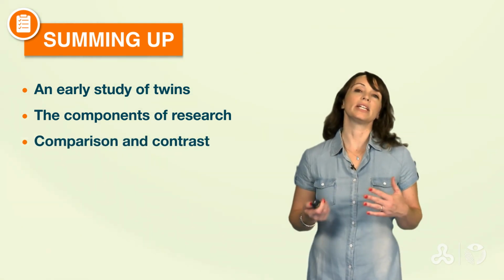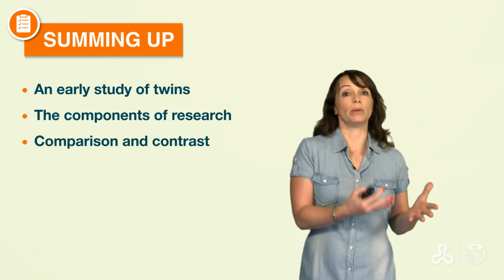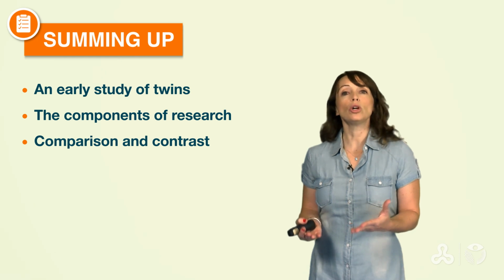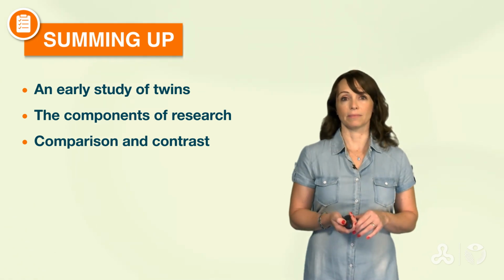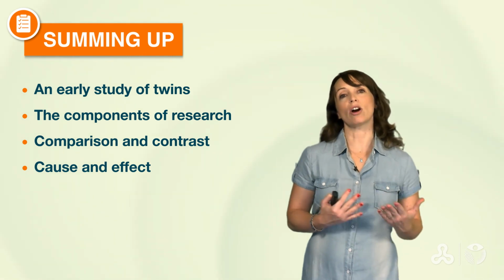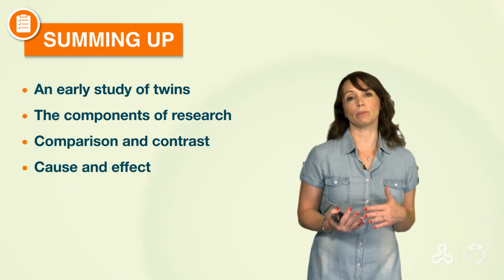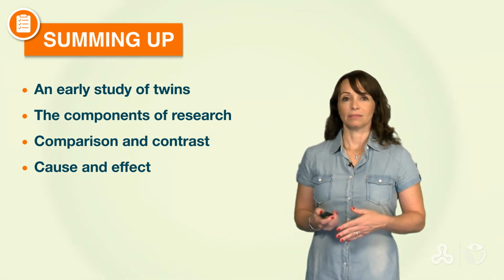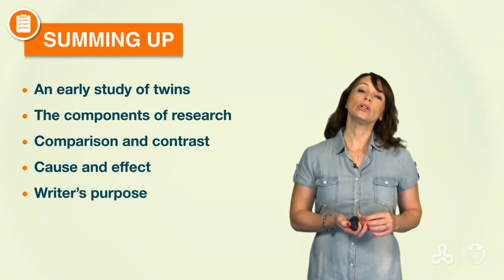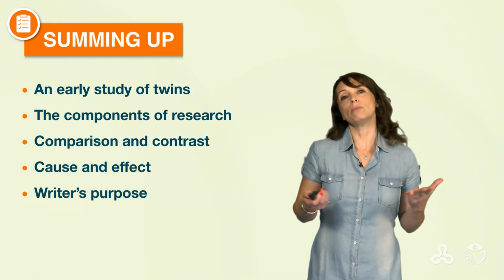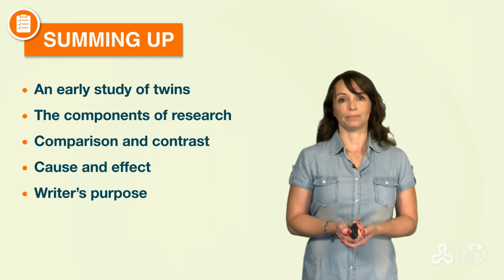We looked at comparison and contrast. הסתכלנו על כיצד דברים דומים בתוך הטקסט, והסתכלנו גם על כיצד דברים מראים שוני או שלא דומים בתוך הטקסט. We looked at the relationship between cause and effect. הסתכלנו על הקשר בין סיבה לתוצאה. בגלל מה קרה. Okay? And we also looked at the writer's purpose. כן? מטרת הכותבים, מה הכותבים עשו במחקר הספציפי שלנו.